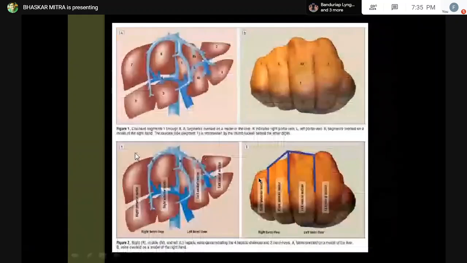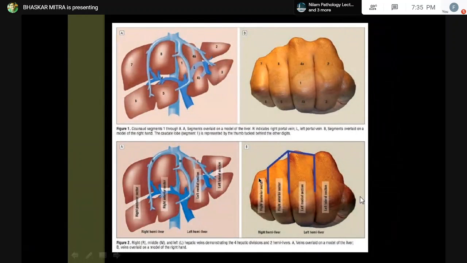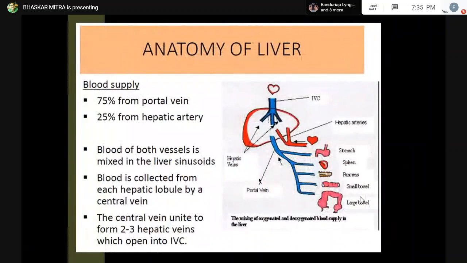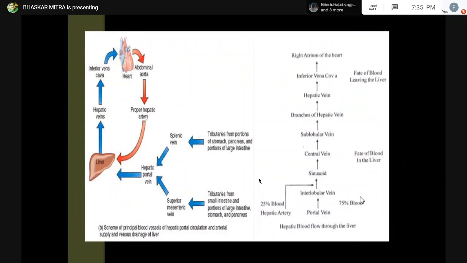It is better appreciated here how we separate the liver into the different lobes. These are the things we usually notice when we examine an autopsy specimen of the liver.